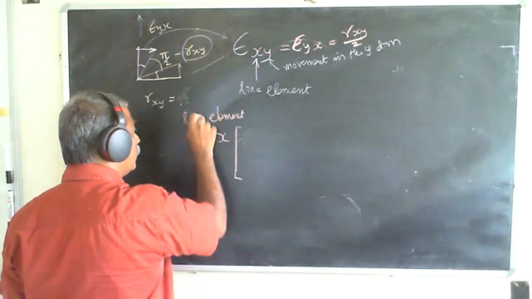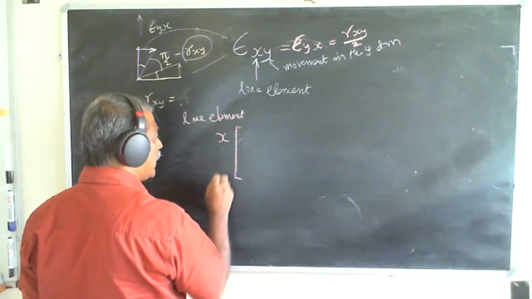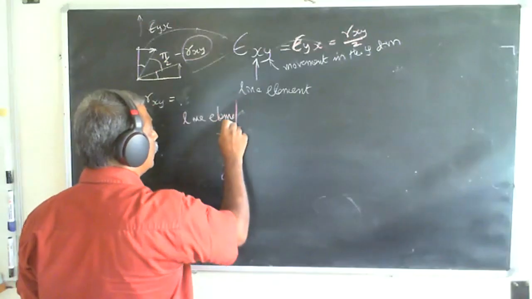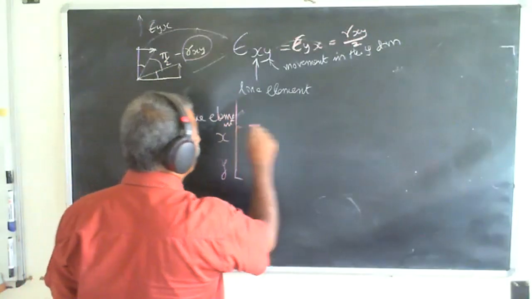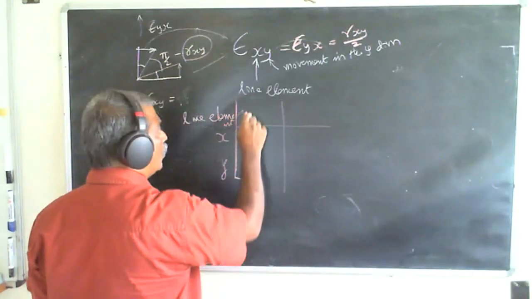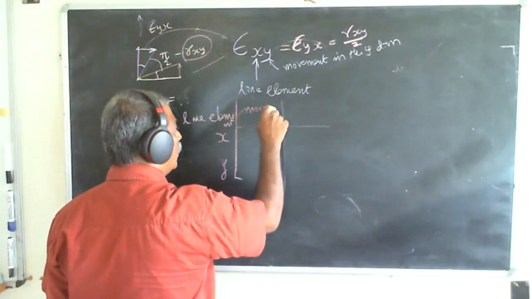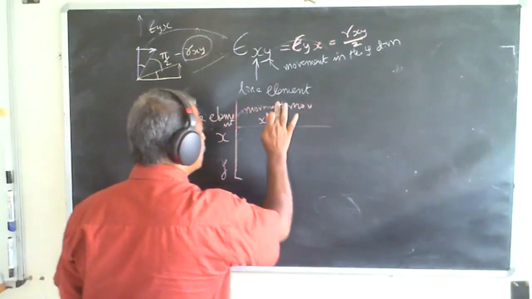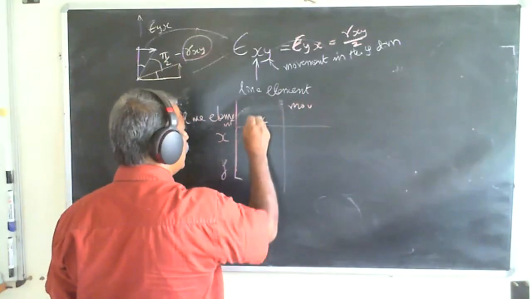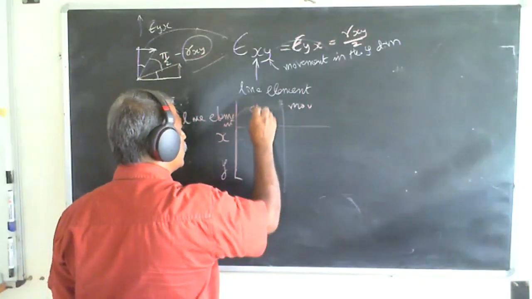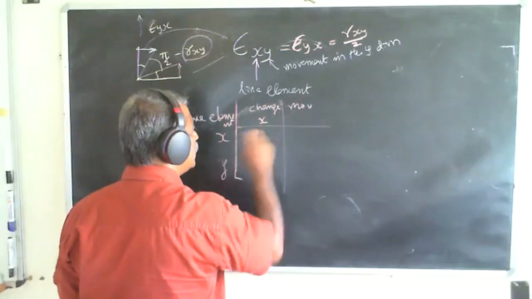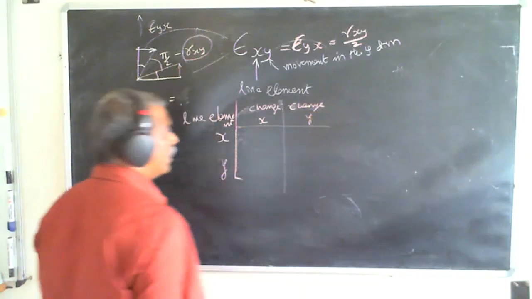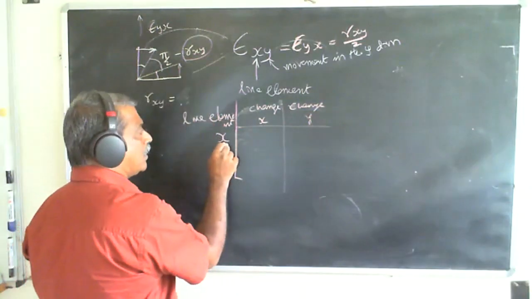I can take line element X, I can take line element Y. I can take movement in X direction. Shall I say stretch so that it's clear? Change. Okay, I'll use change. Change in X direction, change in Y direction.